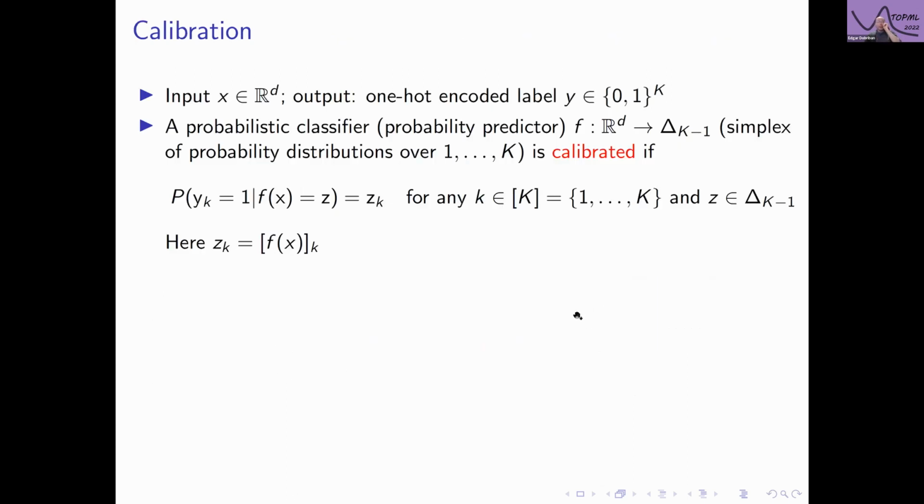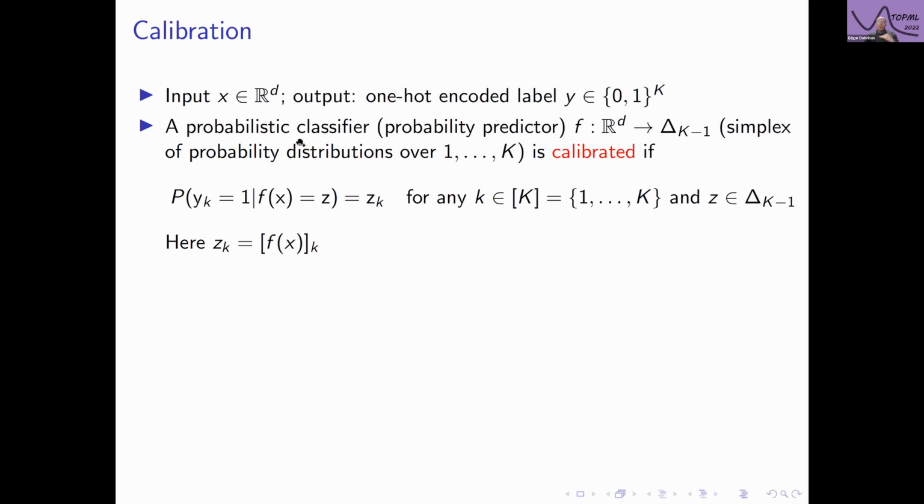Okay, going back to calibration. More precisely, we have this input x in R^d. It could be an image or a d-dimensional input, and we write the output as a one-hot encoded label, so in {0,1}^K, but only one of them is non-zero.